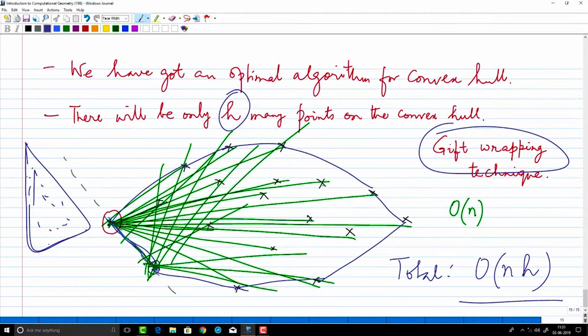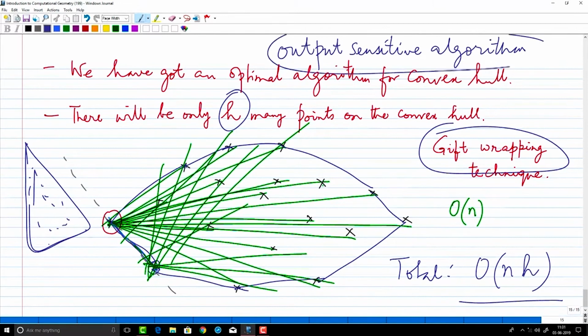So, this kind of algorithm which depends on an output parameter is known as an output sensitive algorithm. This algorithm's time complexity is sensitive to an output parameter.